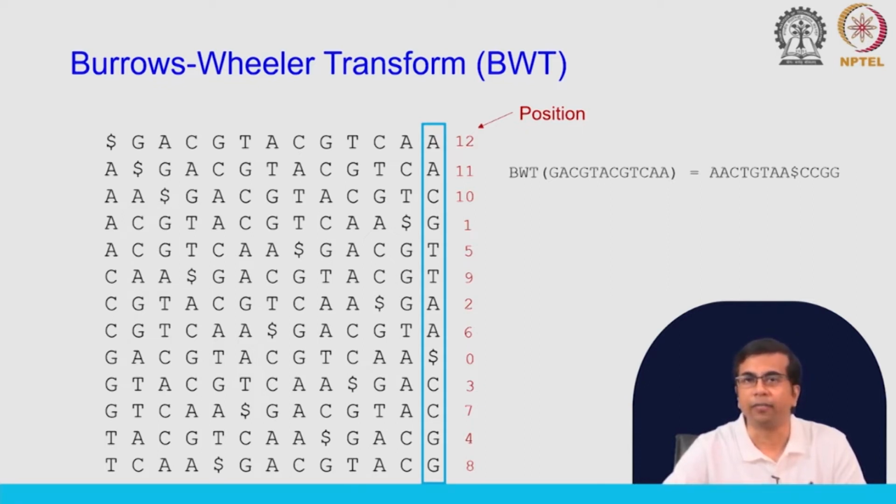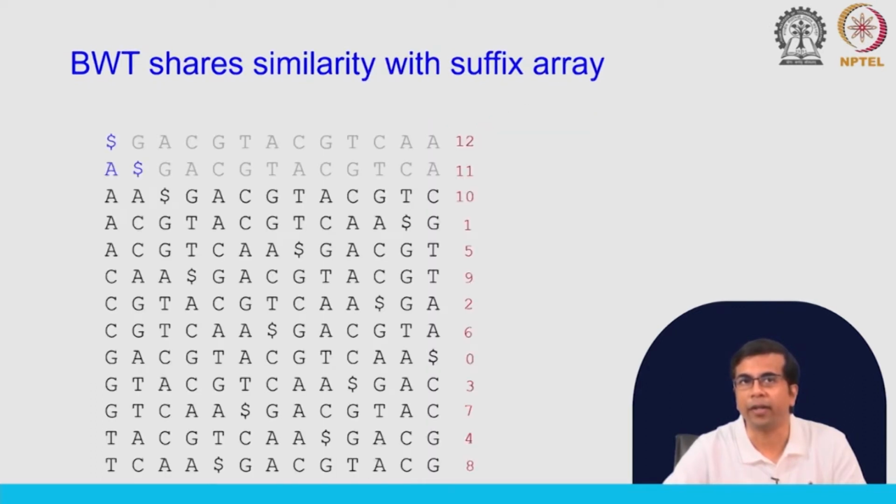Once we have this, what you can probably notice, if you look at this matrix very carefully and first focus on these first two rows only, up to this dollar sign, is that these are actually the suffixes of the reference string.